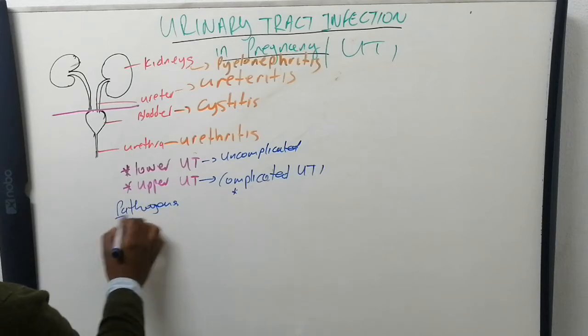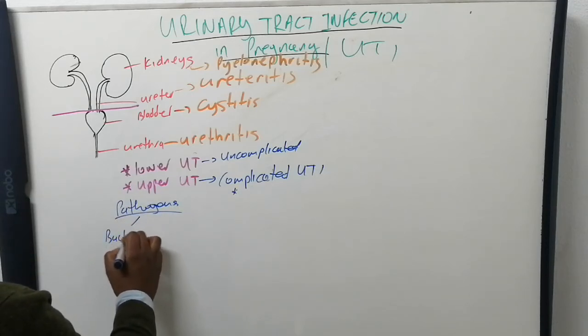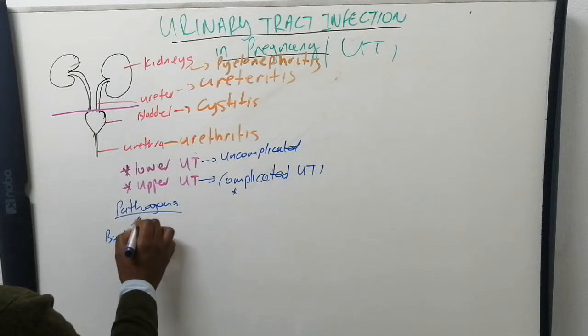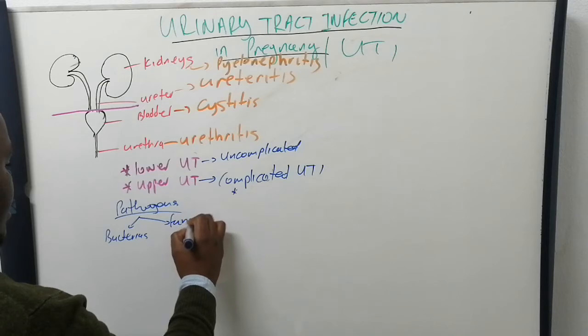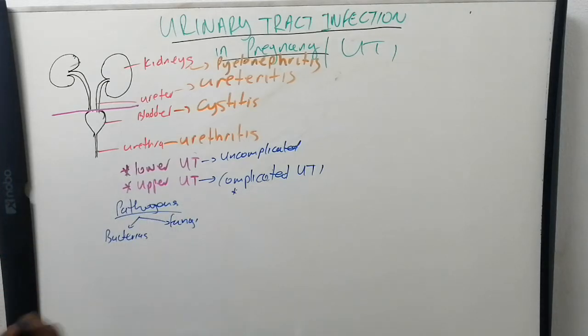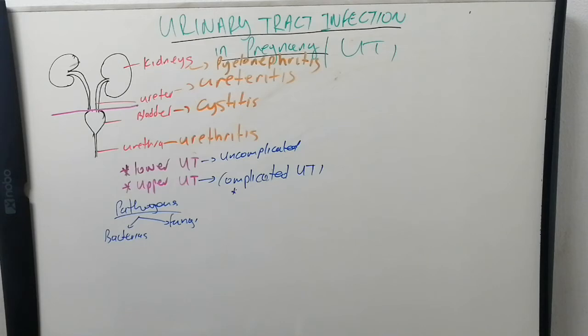Most commonly, it's bacteria, and you also get fungi as the cause. But a fungal UTI is common in patients that have some kind of immunosuppression, while bacteria affect both the immunocompetent and the immunosuppressed.